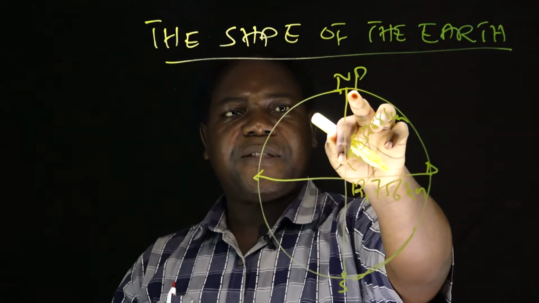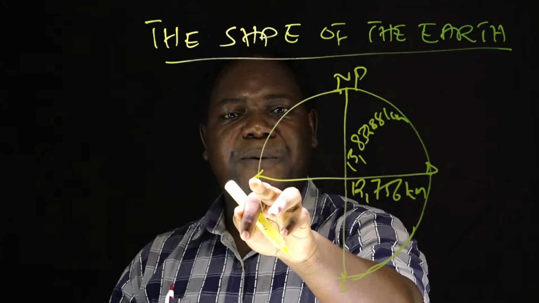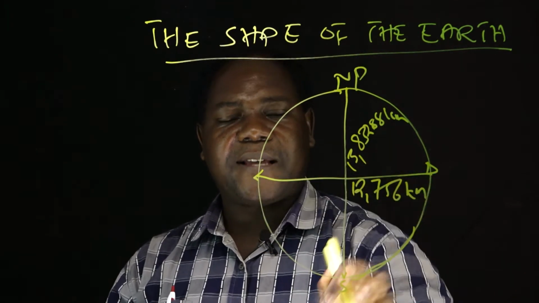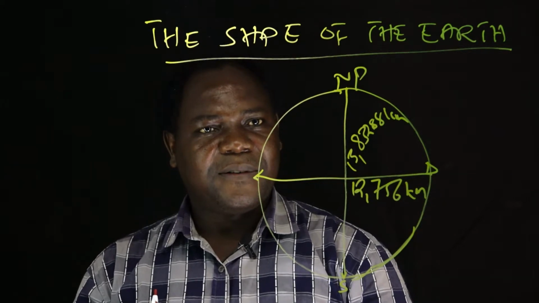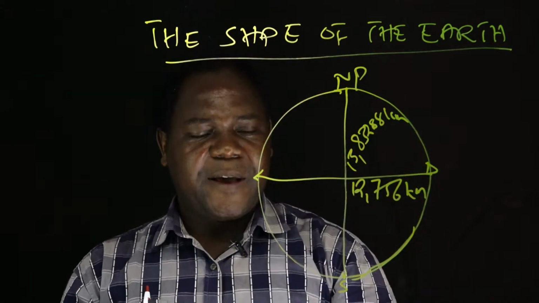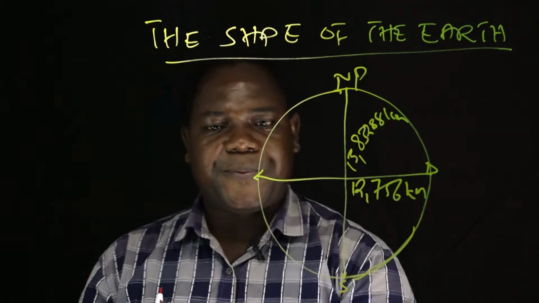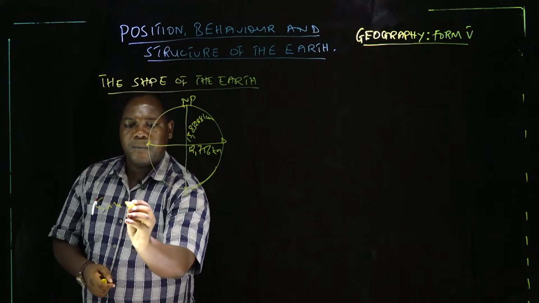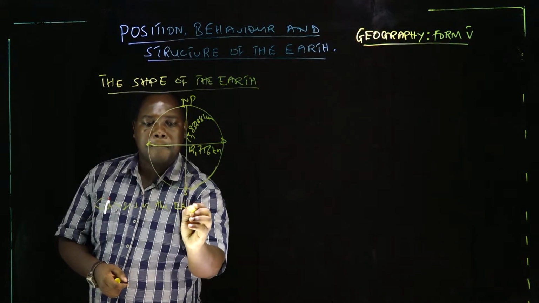That from the North to the South Pole is longer compared to from the other side to the other side. Now, my question to you, what led to this appearance? There are reasons, there are causes for the earth's shape. Causes of the earth's shape.